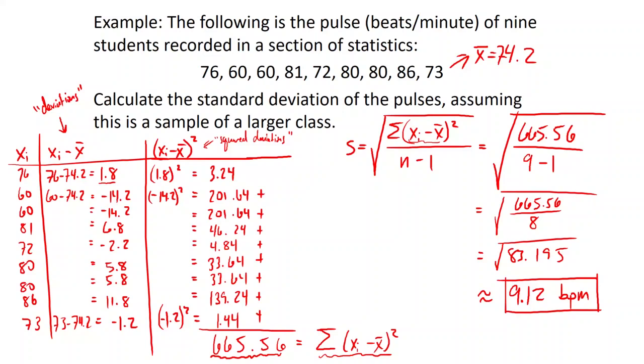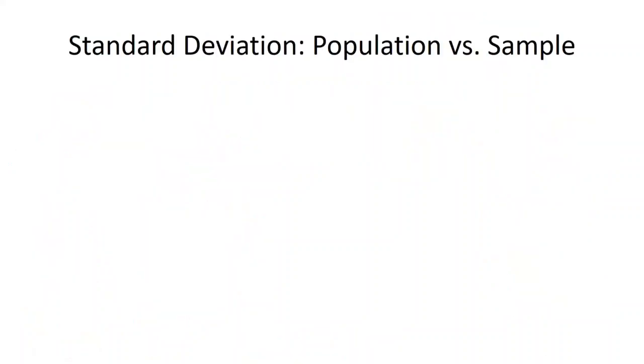That's fine. The reason you may or may not do n minus 1 has to do with population versus sample. That's the answer. If you're dealing with sample data, so in the sample standard deviation, that's what we call little s.